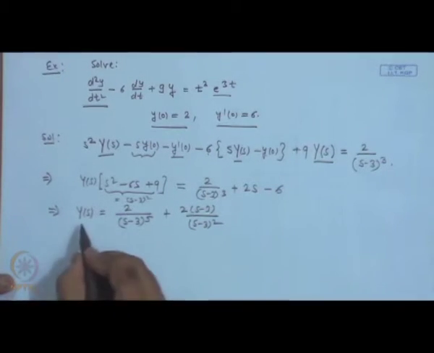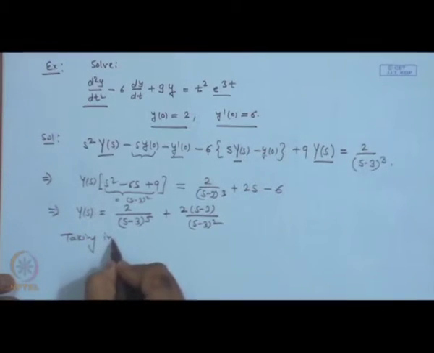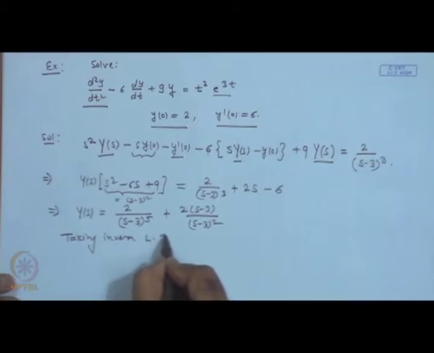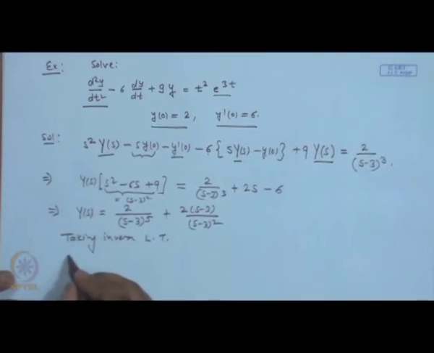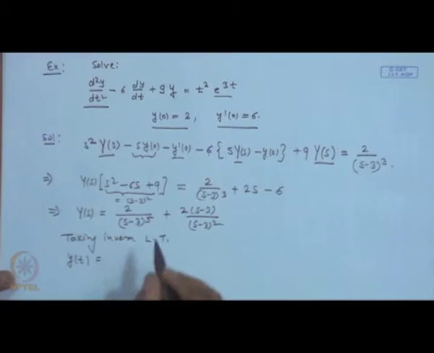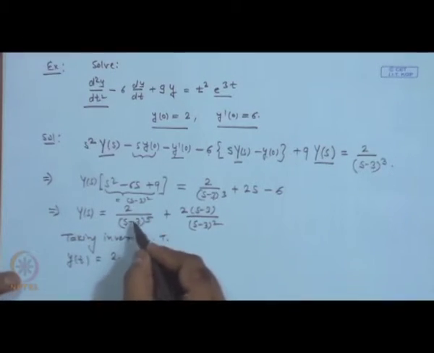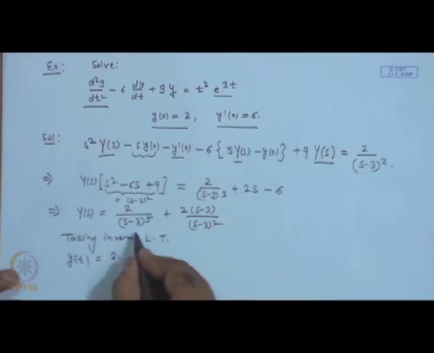Now the last step: we take the inverse Laplace transform to get the solution y(t). So, 2 times the Laplace inverse of 1 over (s minus 3) to the power 5. We have to use the shifting theorem again, and that will give us e to the 3t, and for t to the 4 the transform is 1 over s to the power 5.